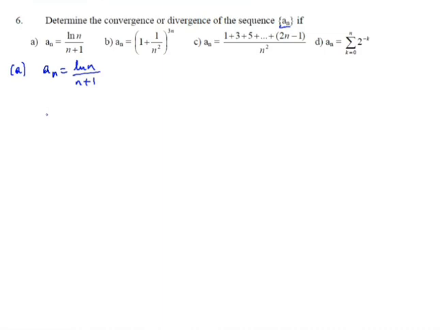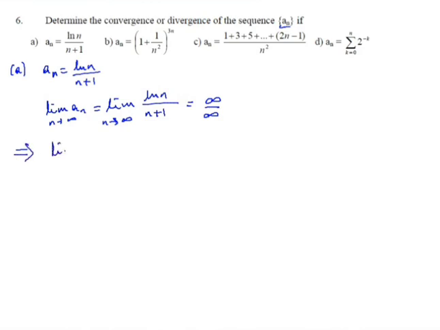The limit of an as n approaches infinity is the same as the limit of ln n over n plus 1 as n approaches infinity. Now, as n goes to infinity, we get infinity over infinity. When we meet this kind of form, we use L'Hopital's rule.